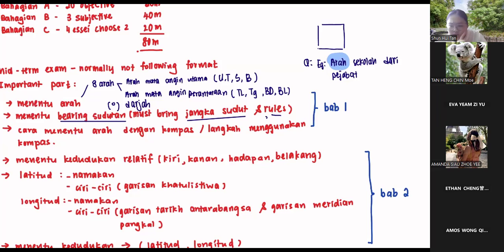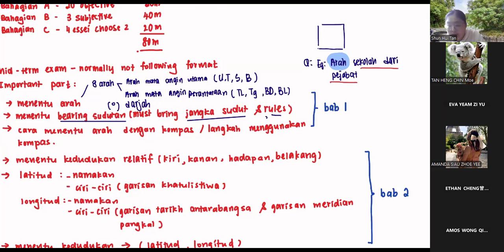Now, this is a reminder, and this is a common question that people make mistakes on. Why? A lot of students tend to read like this: sekolah dari pejabat. Oh, then they immediately take the jangka sudut and start to measure.